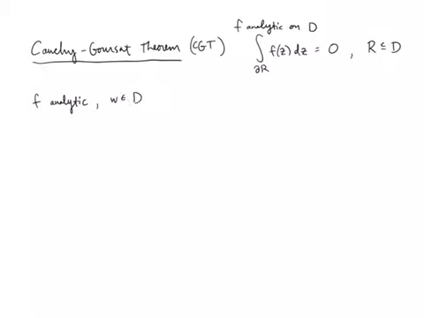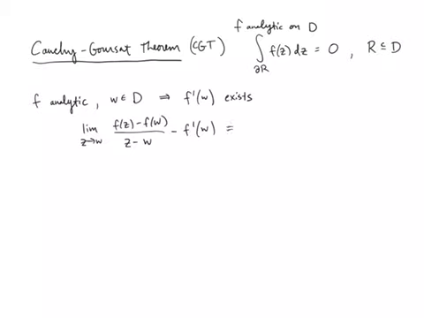So what f analytic means is that f prime exists at every point in the domain. So f prime of w exists. And what this means is that the limit as z approaches w of f of z minus f of w over z minus w, minus f prime of w, equals 0.